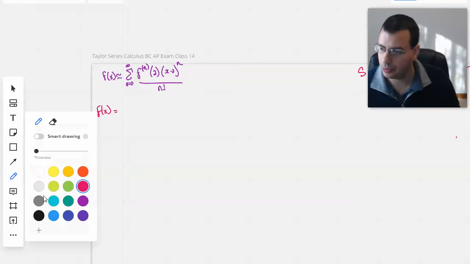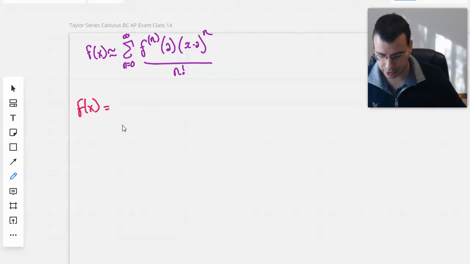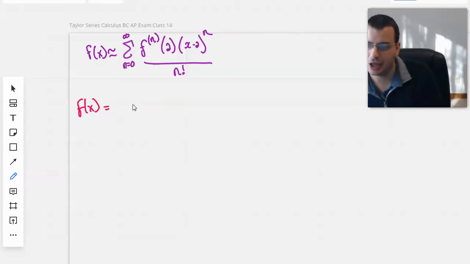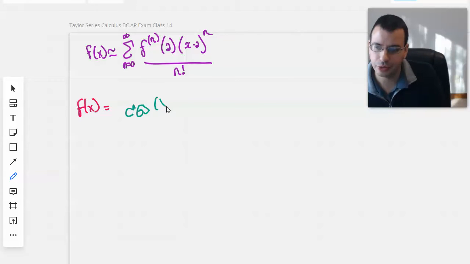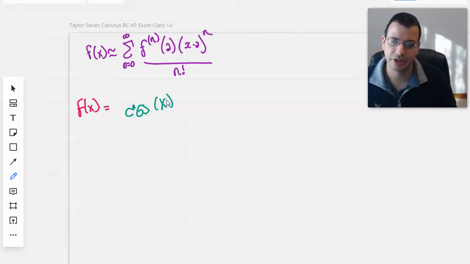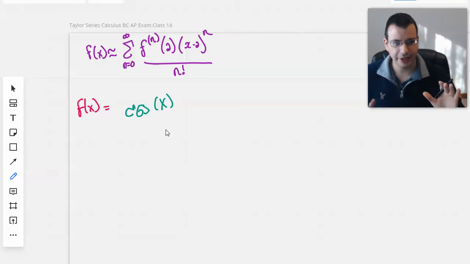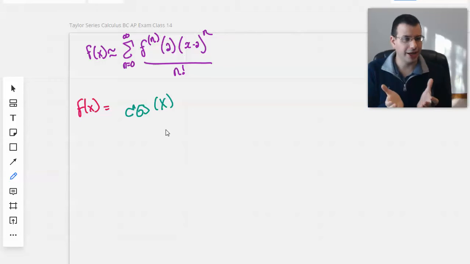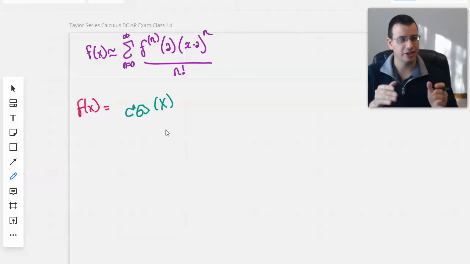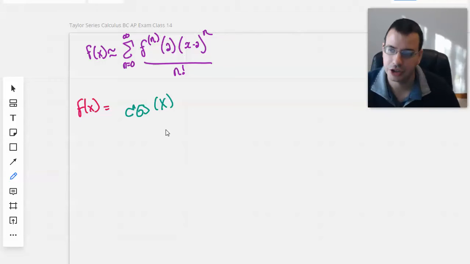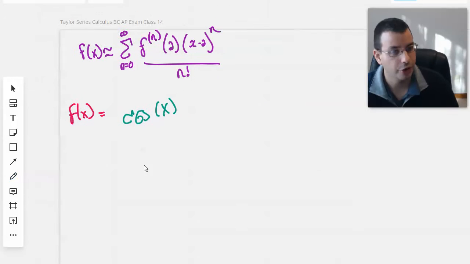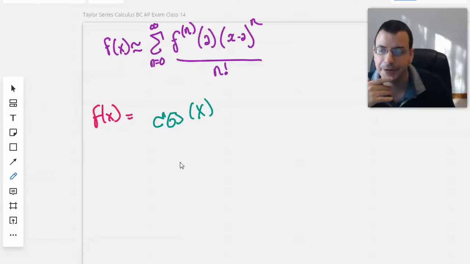You can probably see how cosine goes, and I know you're smart enough to do this on your own now that you've seen the process, but the 3 that you really need to know, and that go well together, are sine of x, cosine of x, and e to the x. So it's probably worth our time to go through those. And then we'll go on to a couple more exciting examples.